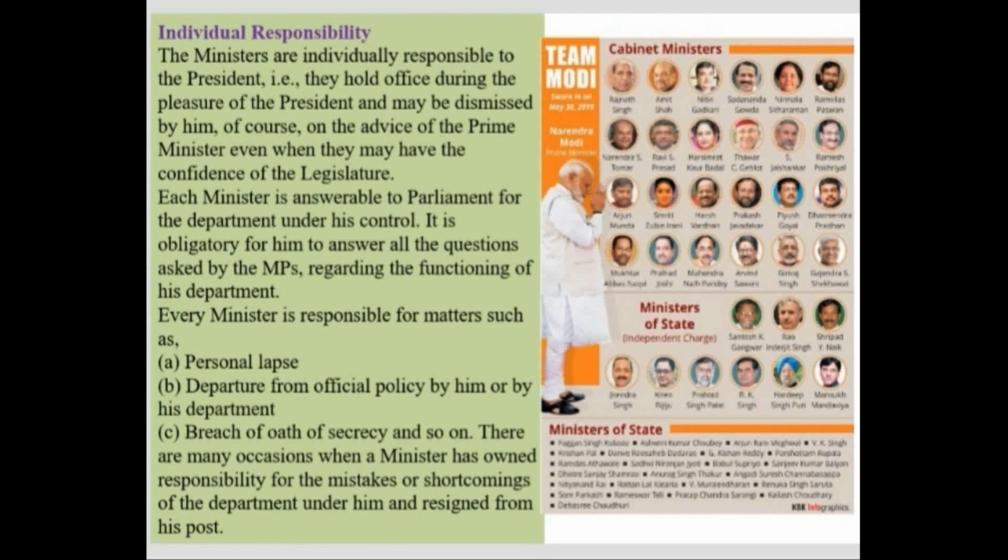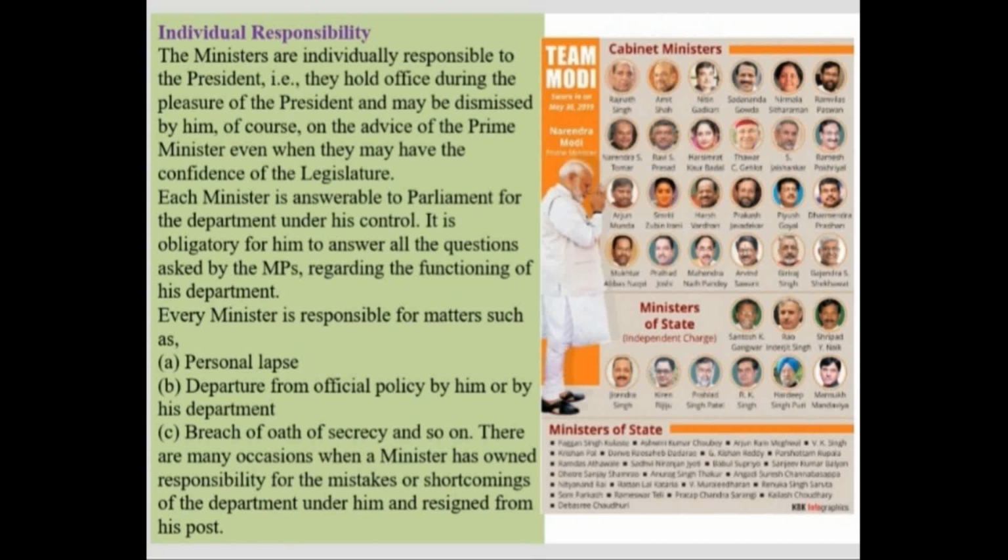And there are many such incidents in our political system where a particular minister has resigned even. So individually he took responsibility. Suppose a minister is handling women and child welfare, and there are many atrocities happening in the country on women, and he is unable to deal with such a situation.